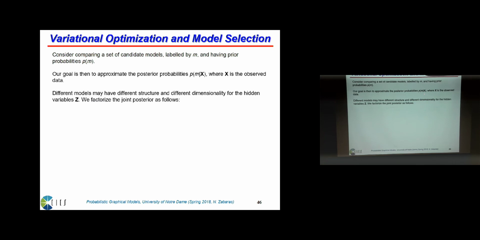So basically, if we have some data X, can we calculate the posterior of a model given the data? In regression, for example, model M equal to 1 might use linear functions, model 2 quadratic functions, model 3 cubic functions.